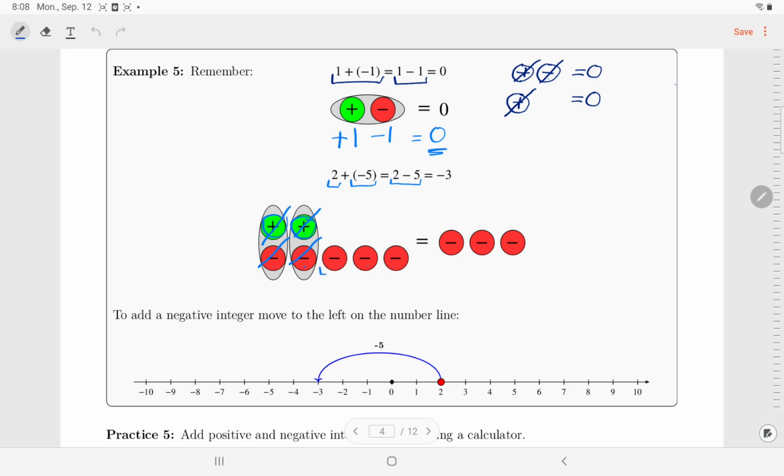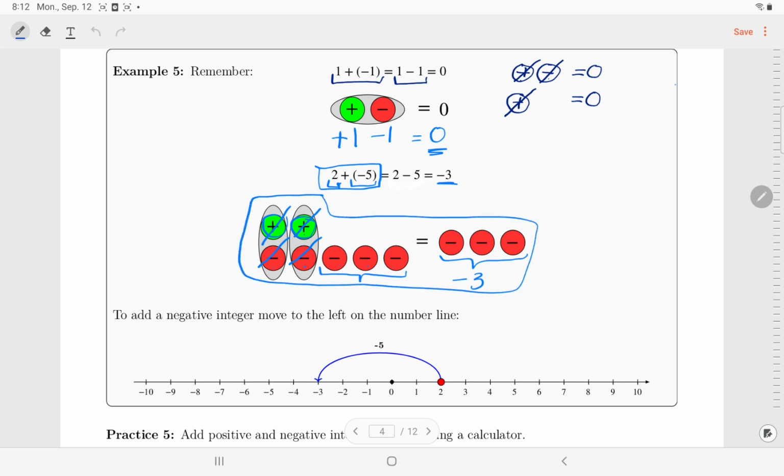And we are left with 3 negatives. Negative 3. I much prefer having 2 plus negative 5 rather than 2 minus 5. We can represent it easily with a diagram like this. But what about representing 2 minus 5 with a similar diagram?